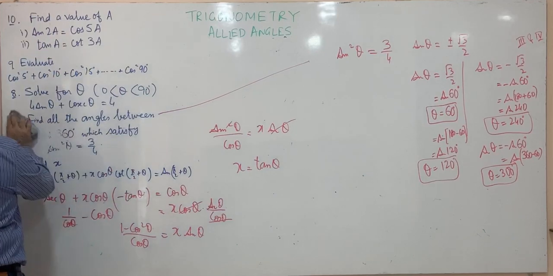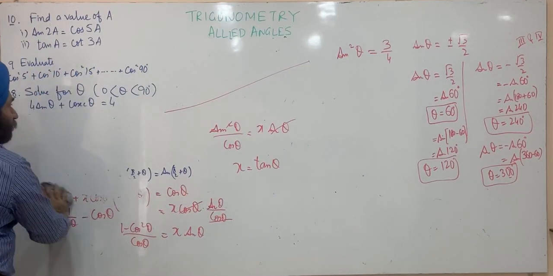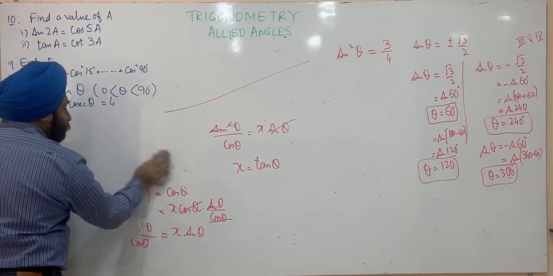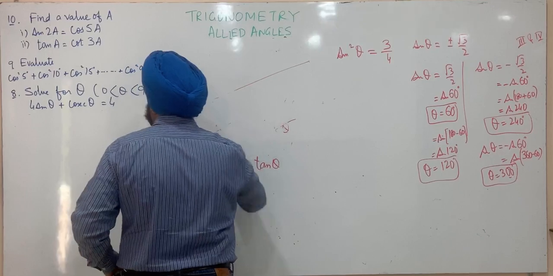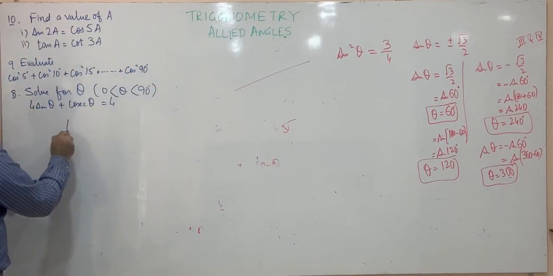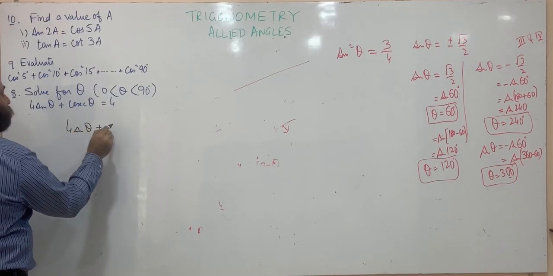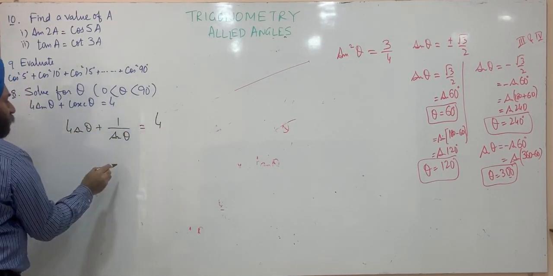The next one, we have to solve. In this case, we are given theta lies between 0 and 90 degrees. That is, we have to find answer in the first quadrant. So 4, this is sine theta plus 1 by sine theta. This is equal to 4.